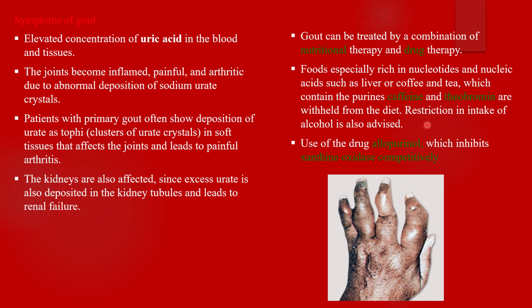Restriction of alcohol intake is also advised because alcohol disturbs the NAD/NADH ratio, and the increased concentration of NADH affects purine synthesis. Then there is the drug allopurinol, which competitively inhibits xanthine oxidase activity. So these are the lines of treatment and management for a patient suffering from gout.